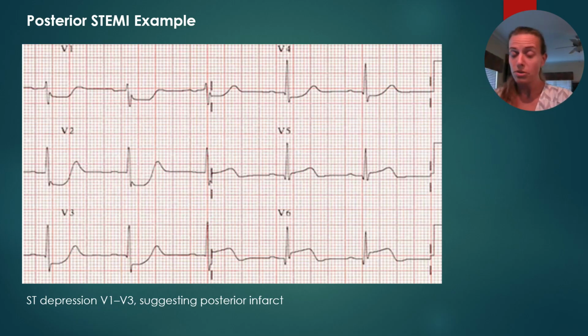So if you do a posterior and it does not show elevation, that does not mean in any way that they are absolutely 100% not having a posterior MI. If you still have that high degree of suspicion, you should treat it as such and still treat it as an MI.